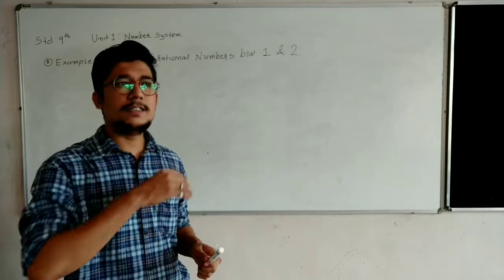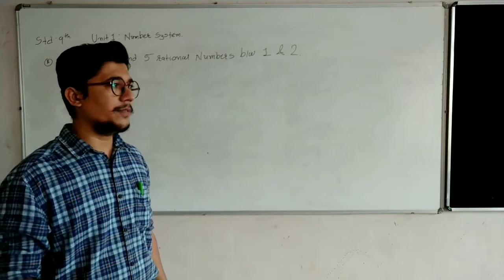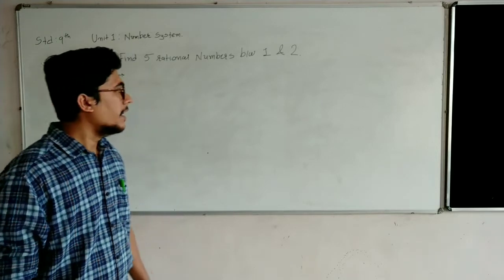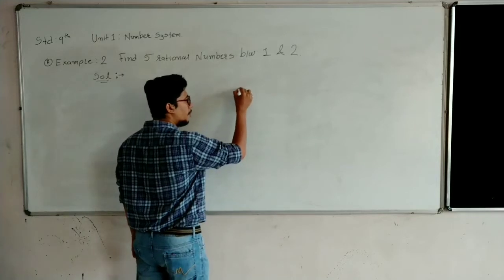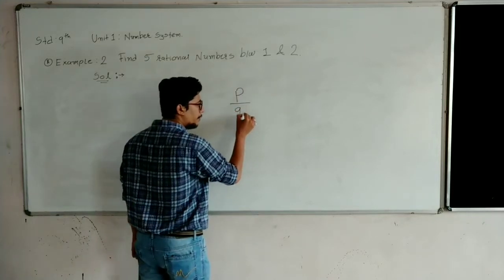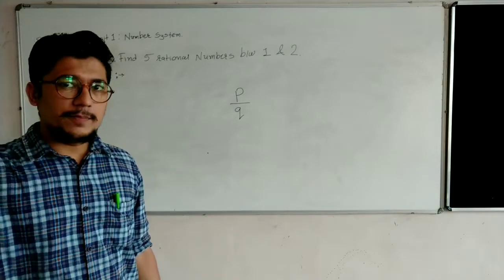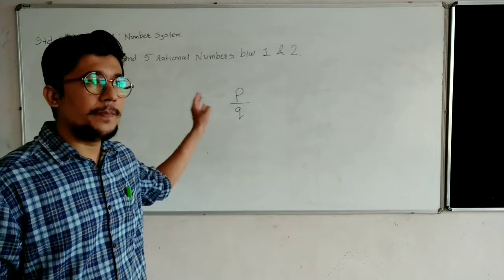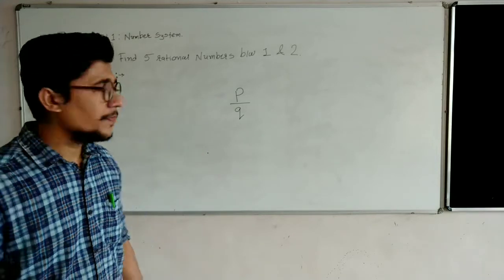Before starting this problem, we have to learn about rational numbers. In the previous online session, we discussed that a rational number can be denoted in the form of P upon Q, that means numerator divided by denominator. Any number which can be in the form of P upon Q is known as a rational number.